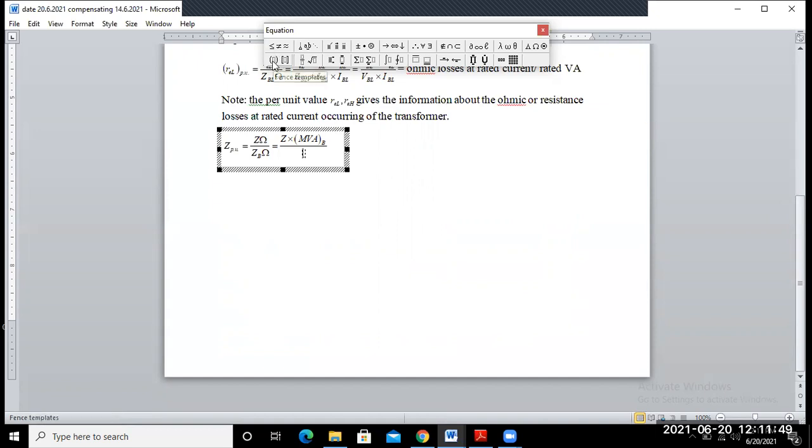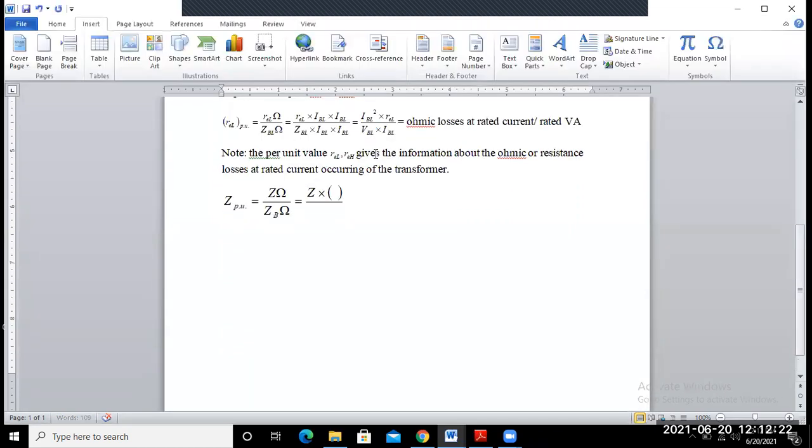Okay, so kilovolt base square. That means Z per unit old value equals Z in ohm into MVA base old value divided by kilovolt base old value squared.